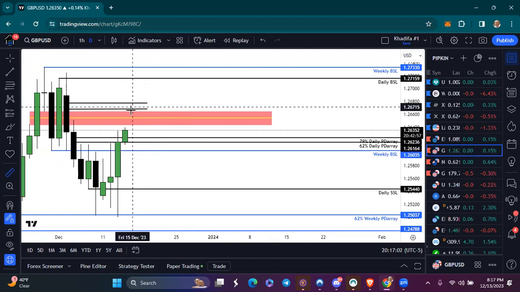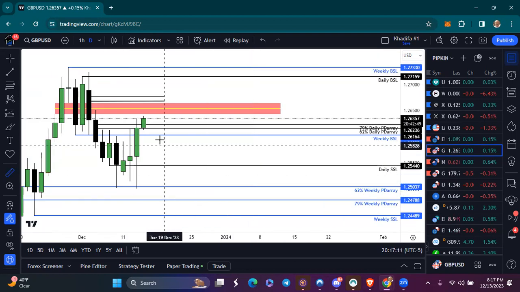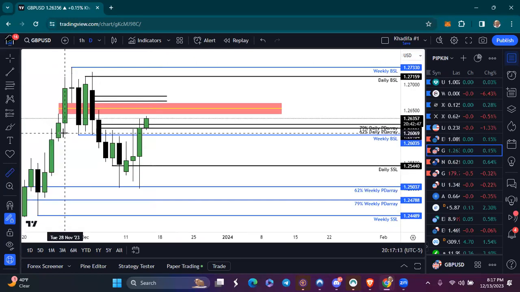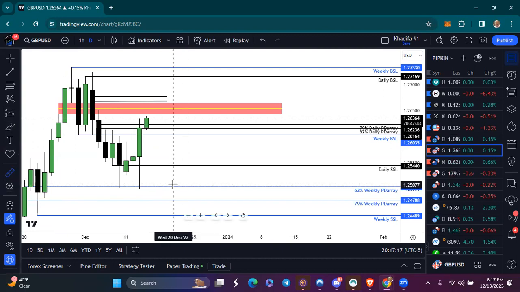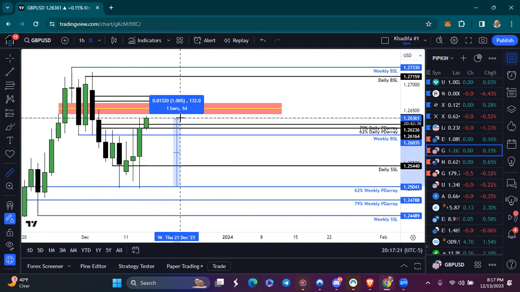Don't know if we're going to get there by the end of the week, but those are my targets before we see price swing lower. From that daily weekly PD array level to current price, we're up 132 pips off of the level.